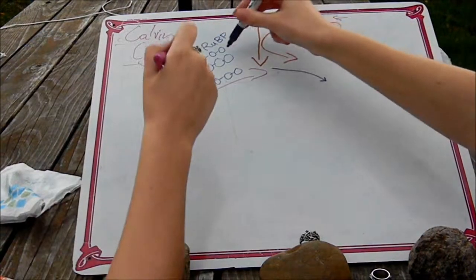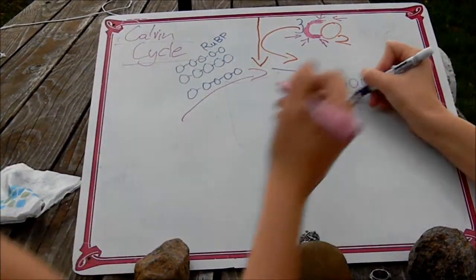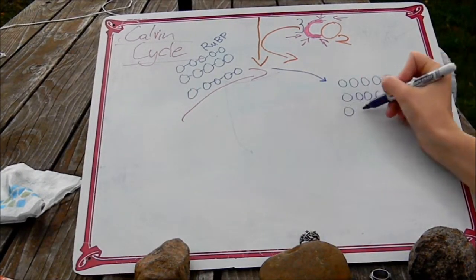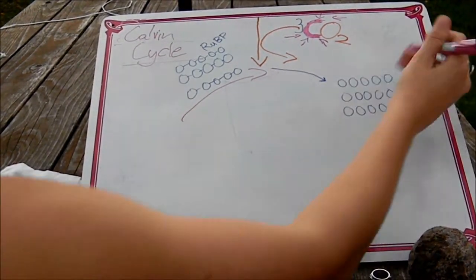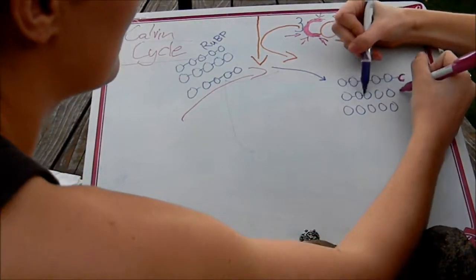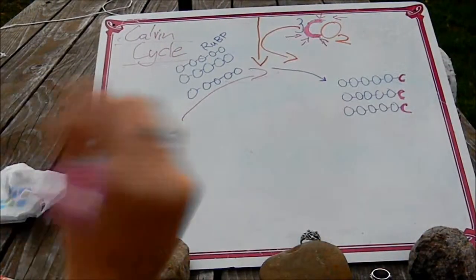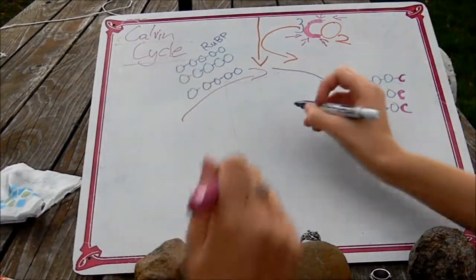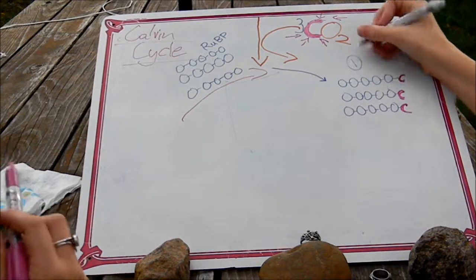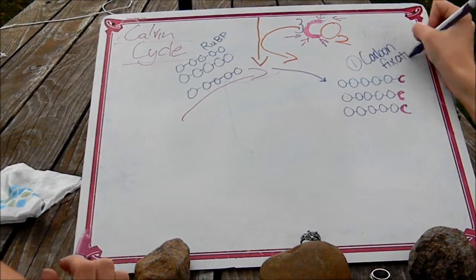So the carbon from the CO2 gets fixed onto the RuBP by rubisco, which is a super important enzyme and is actually the most common enzyme on the entire planet. Wouldn't you know? Super cool. So the carbon from the CO2 is shown in pink there again. And this takes 6 ATP to happen. And this first step is called carbon fixation.